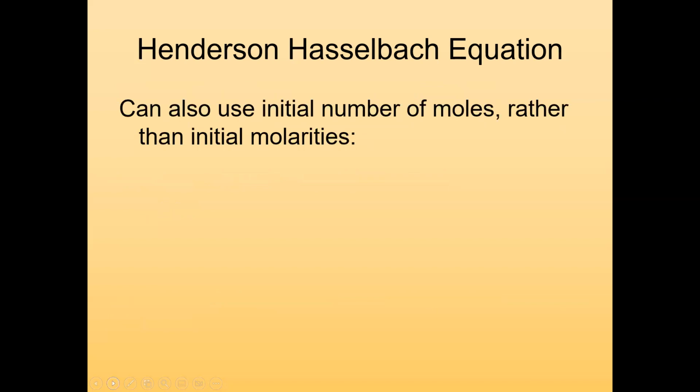With the Henderson-Hasselbalch equation, so with our ICE tables, we always use molarity. With Henderson-Hasselbalch, you can also use the number of moles instead of the molarities. So it would be the same, but you would have at the end plus the log of the moles of base divided by moles of acid, but it is still base divided by acid.